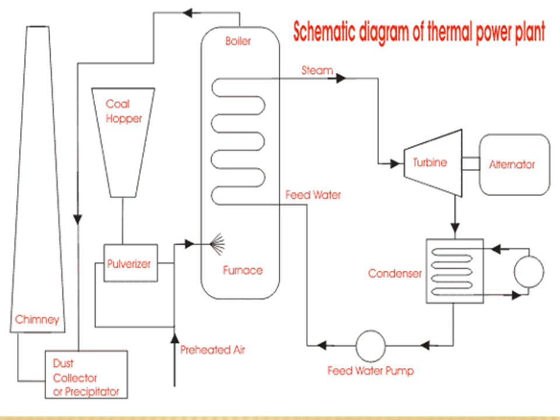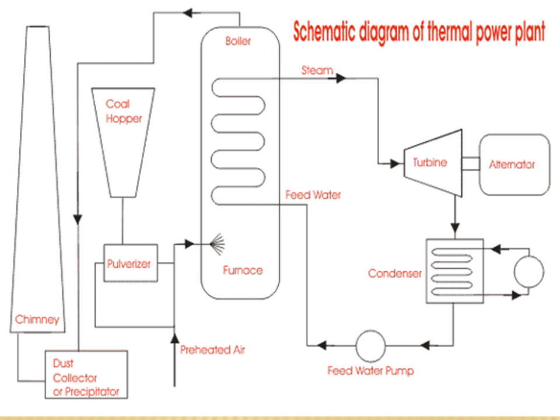The exhaust gases carrying sufficient quantity of heat and ash are passed through an air heater, where the exhaust heat of the gases is given to the air, and then they are passed through dust collectors where most of the dust is removed before exhausting the gases to the atmosphere through the chimney.